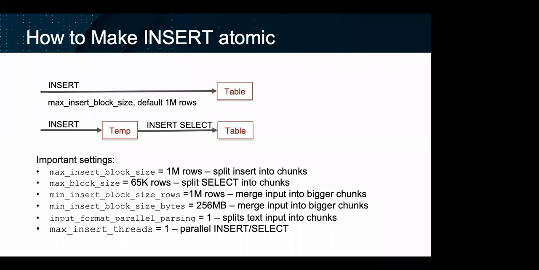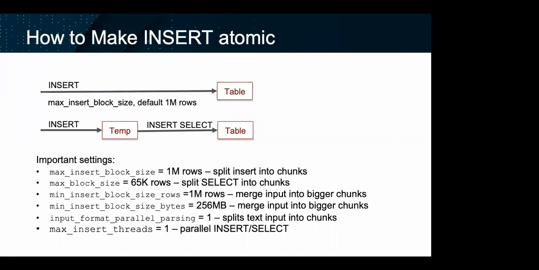Another possible approach is to insert into a temporary table, and from this temporary table then run INSERT SELECT into a permanent table. In this case, however, the chunks that data can be split into are controlled by several different parameters. The first parameter is max_block_size, which is how ClickHouse reads the data from the table, so this is the SELECT part of the equation.